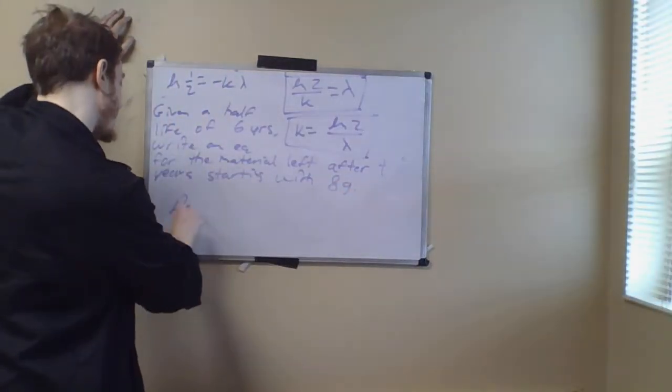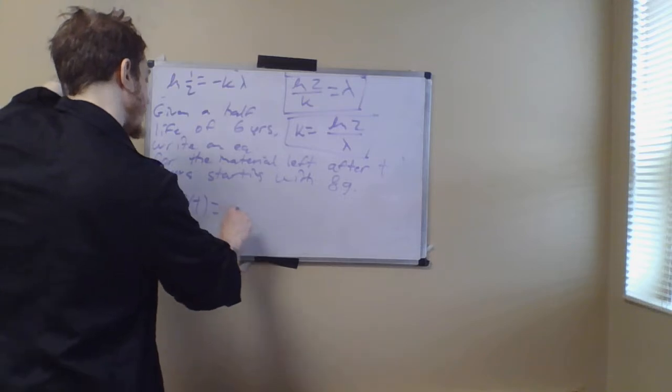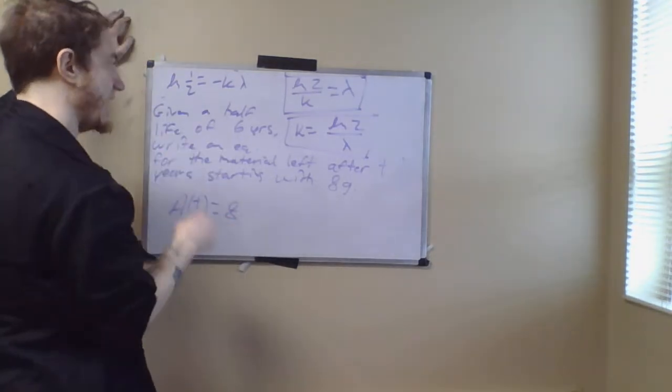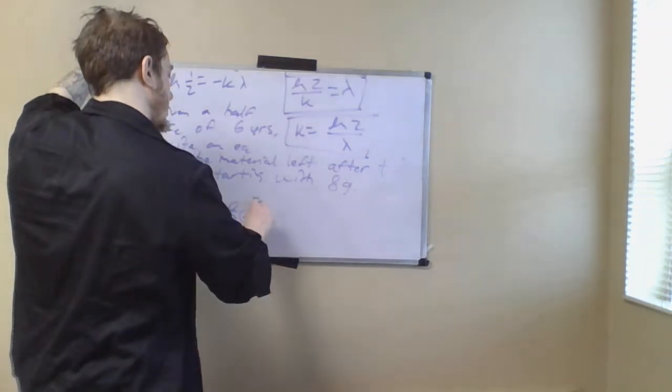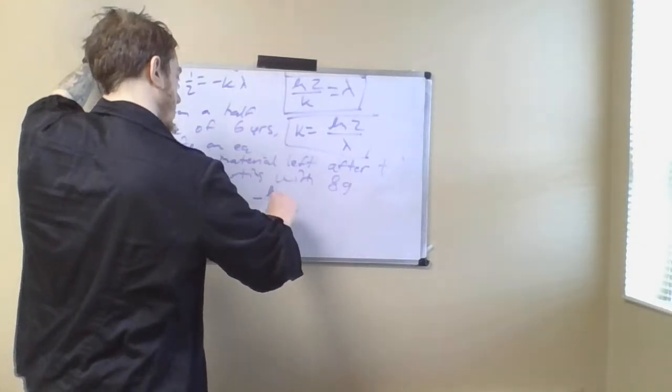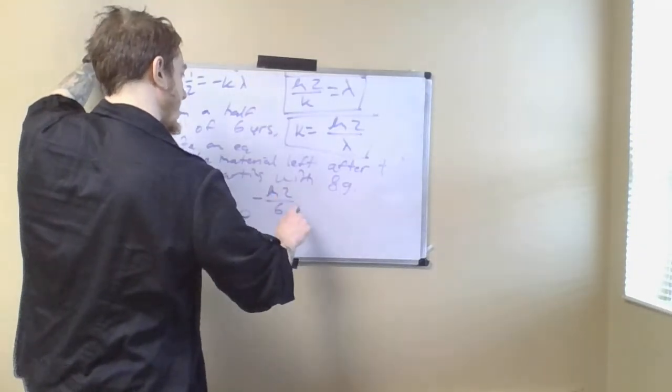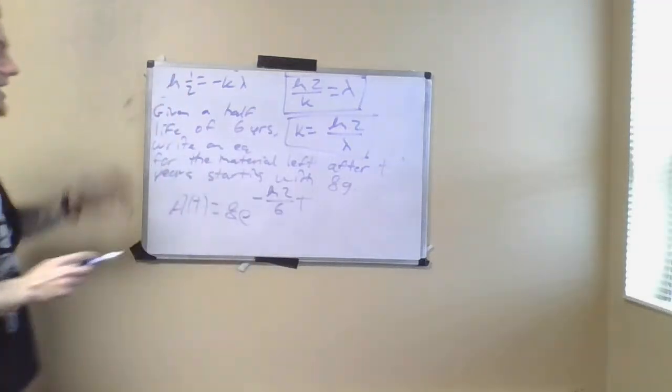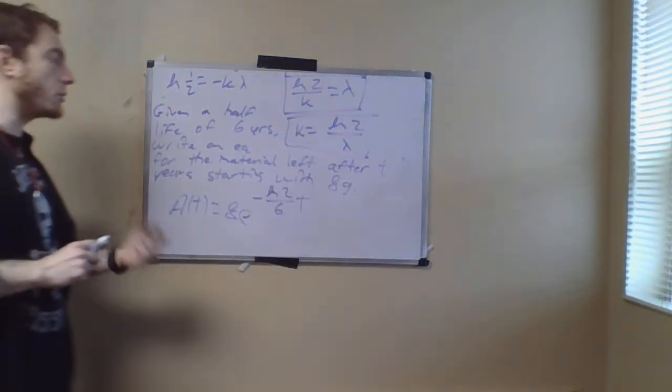Well, the amount that I have left after t years is going to be 8 grams, and then it's going to be e to the minus natural log of 2 divided by 6 times t. And there we go. That's literally all we have to it.